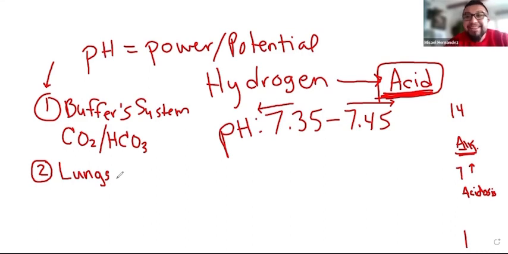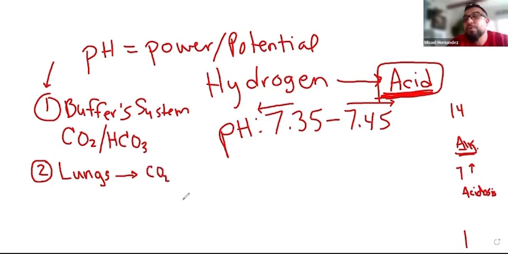And which gas are we either eliminating or keeping? By the way, it's not oxygen. Oxygen is to help our cells function, but in a different context. Right now, I'm talking about maintaining pH in the blood. And since CO2 and HCO3 are directly responsible for that, your lungs are directly influencing carbon dioxide.